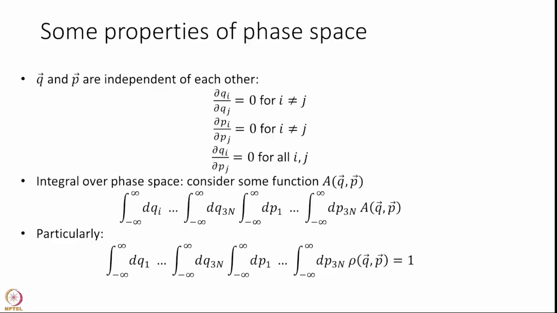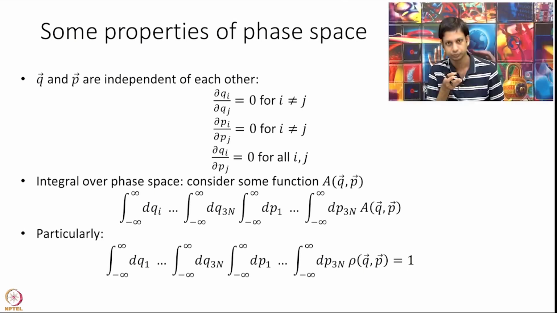So, before moving forward, I want to just highlight some of the properties of phase space. I am not going to prove all of this, but simply take these properties from classical mechanics. By the way, a little bit of history. This was basically developed by Hamilton.